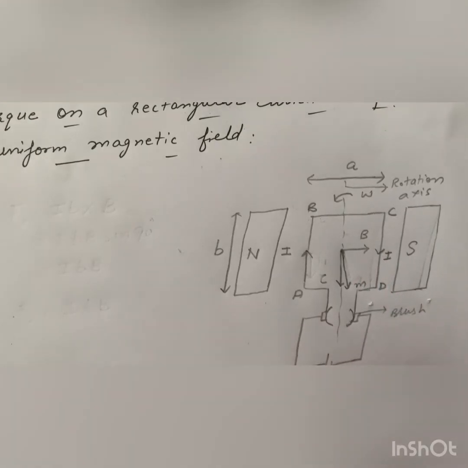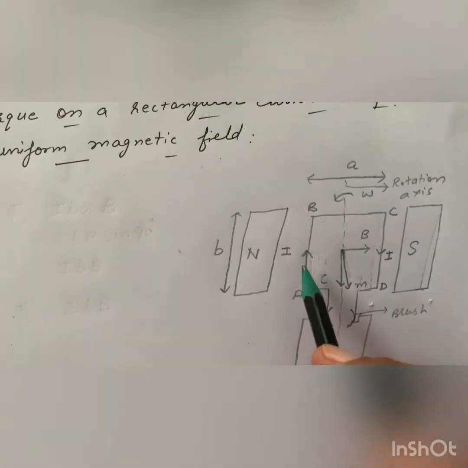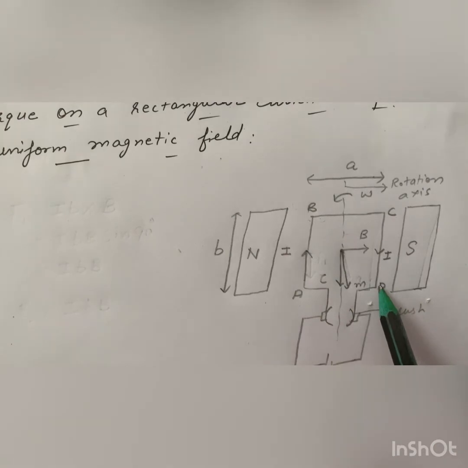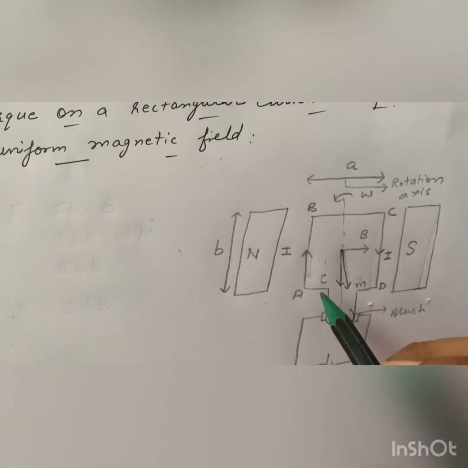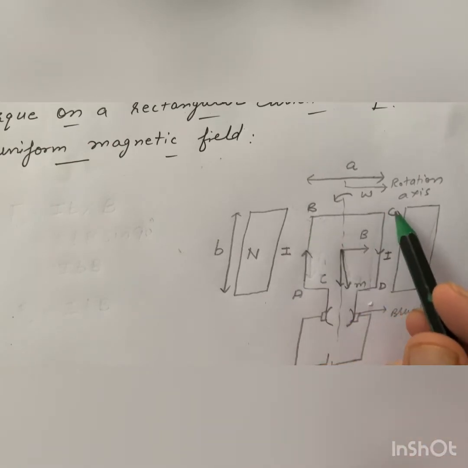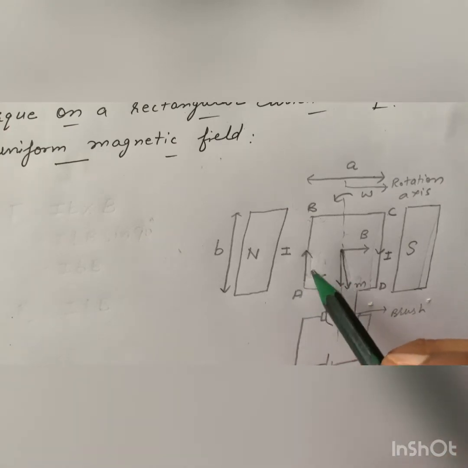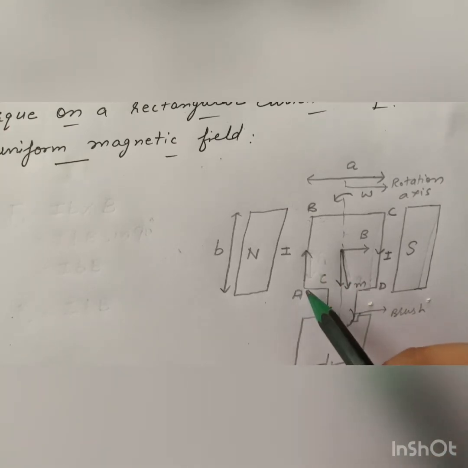Current I is flowing through this rectangular loop ABCD. We divide this rectangular loop into four parts: AB, BC, CD and DA. First of all we see this conductor AB.